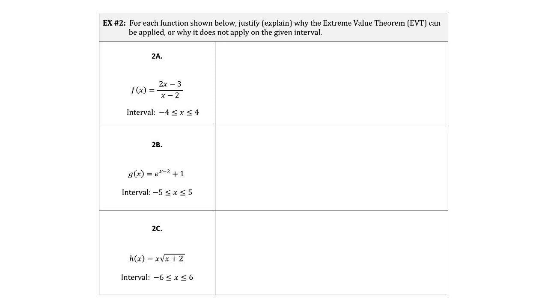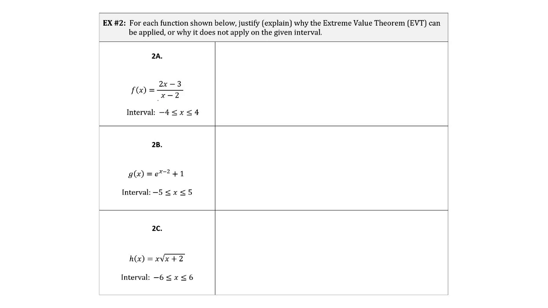The big key part to that extreme value theorem is that the function is continuous over the closed interval. If the function is not continuous over the closed interval, then there's really not a whole lot we can do with that.